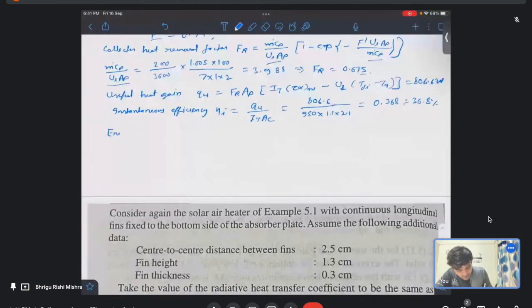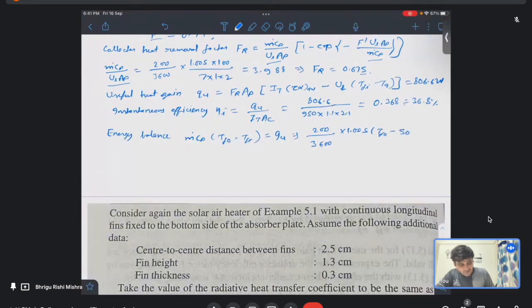Now we have to calculate the output temperature. From energy balance, m dot cp into TFO minus TFI equals QU. So again considering the units, 200 by 3600 into 1.005 into TFO minus 50 equals 806.6 divided by 1000.